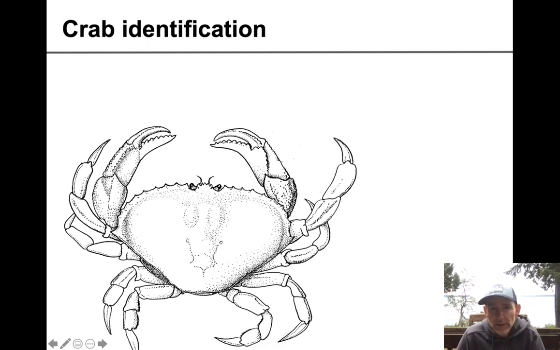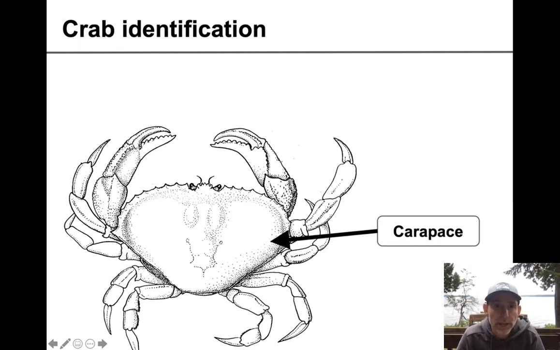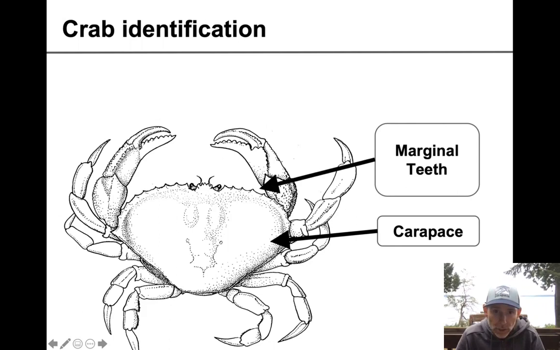When I talk about the various features, I'll just be referring to one side of the crab, and you'll see that that's mirrored on the other. So let's talk about some of the key features for identification. First of all, the back shell of the crab is called the carapace. Along the leading edge of the carapace, you might see marginal teeth.